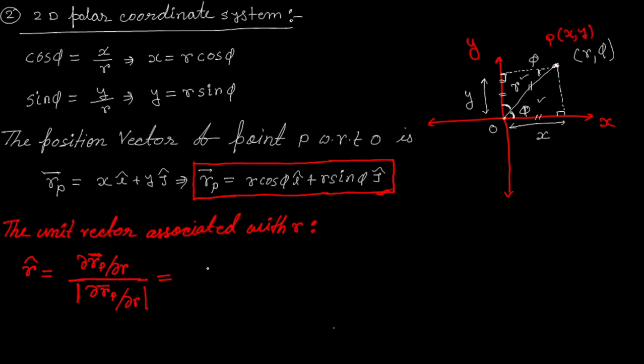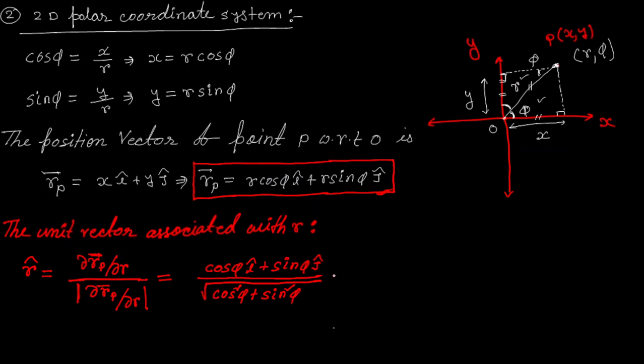What we get is cos phi i cap plus sin phi j cap. Then we divide this vector by its magnitude. What will be the magnitude? The square root of cos square phi plus sin square phi.